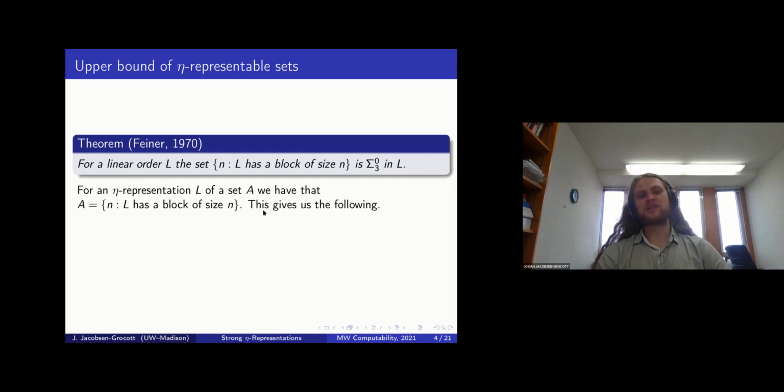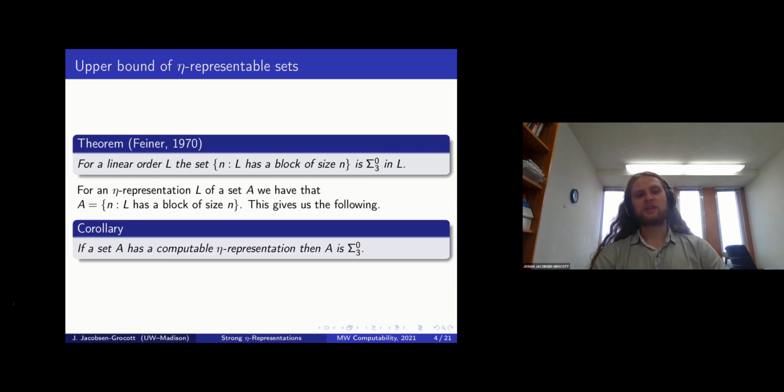So for an eta representation L of a set A, A is equal to the set of n such that L has a block of size n, which gives the corollary that if A has a computable eta representation, then A is Sigma^0_3.